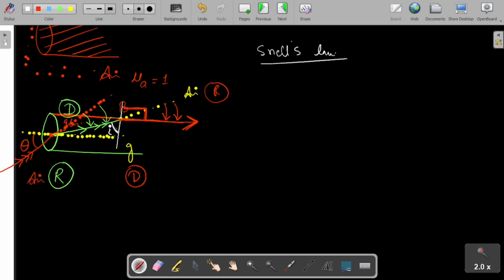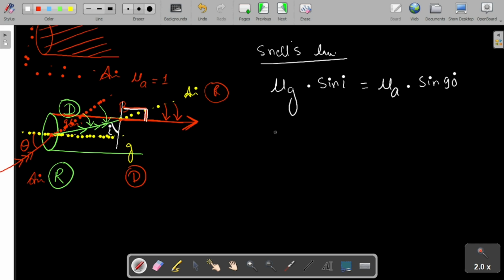So at the point of incidence, mu g, the refractive index of glass, into sine of I, that's this incidence angle I, should be equal to mu a, the refractive index of air, into sine of 90 degrees, the angle of refraction for this critical incidence.